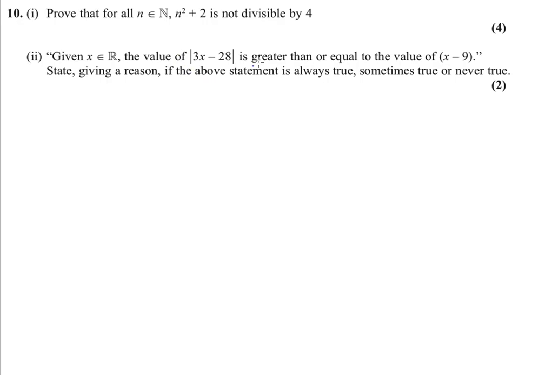Anytime you see a modulus function, especially when you've got a linear function inside the modulus, I reckon the best strategy for these is drawing, or sketching I should say, the graph of the function.